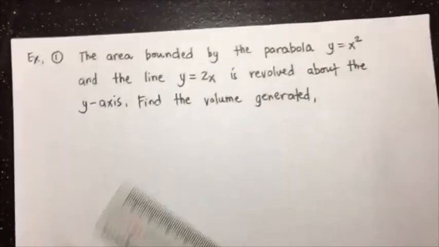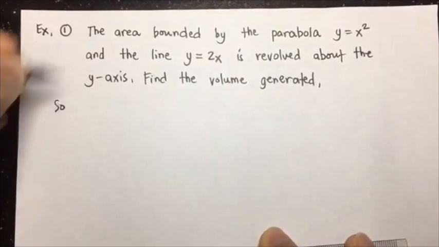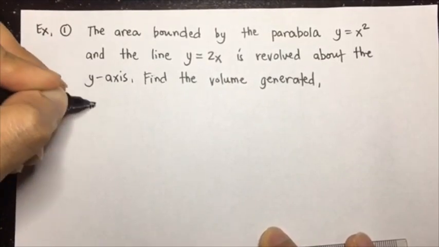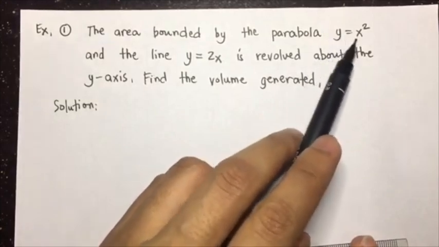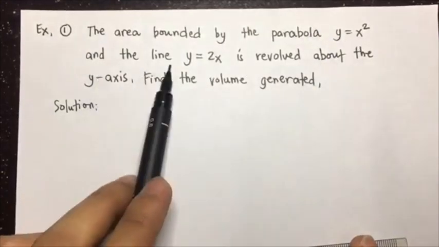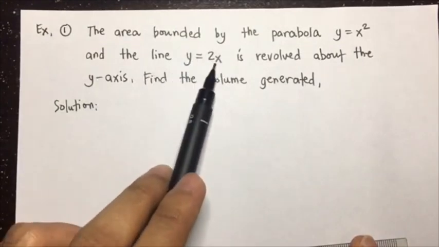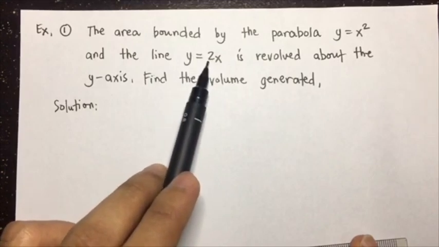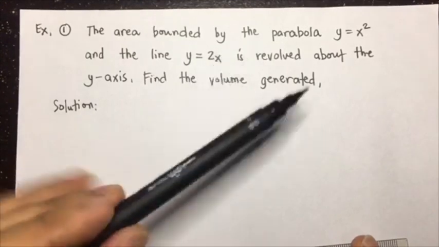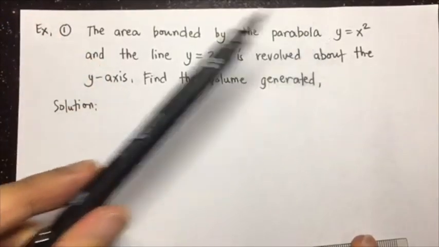Okay, so first let us graph, of course. So we have here y is equal to x squared, so that is a parabola opening upwards. And then we have the line y is equal to 2x, in slope intercept form, so we will have a line with a slope of positive 2, inclined upwards from left to right.